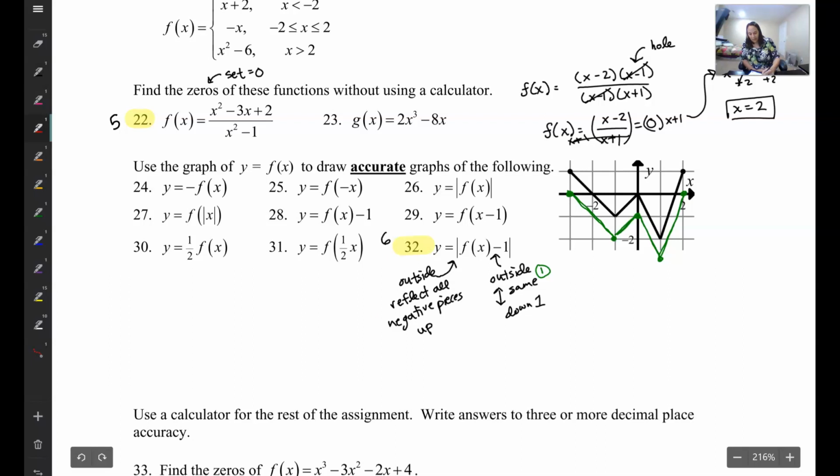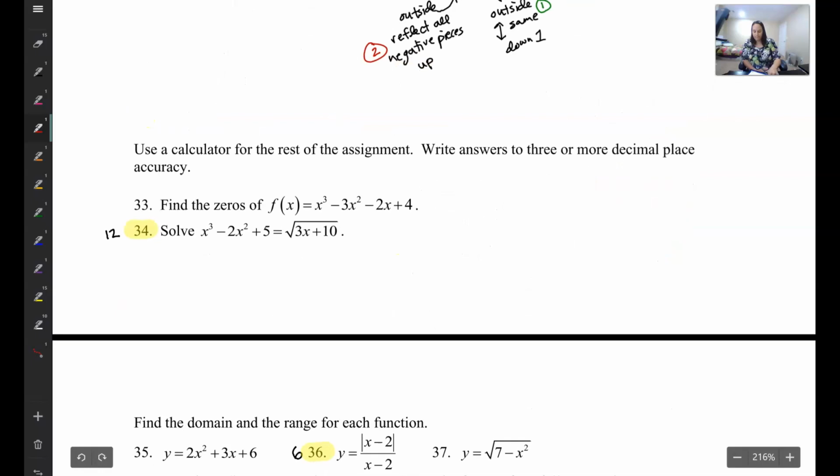And that's the second thing we're doing. So I'm going to take each of these negative pieces and reflect them up. 1, 2, 3, so 1, 2, up here-ish. And then that one is at 0. So then we end up with that one. And that red one would be our final one. Hope that helps with that.